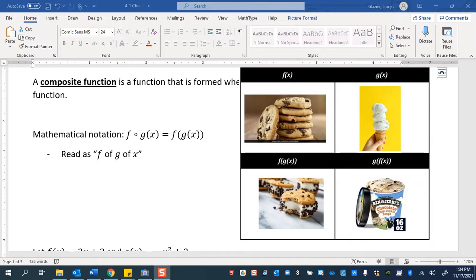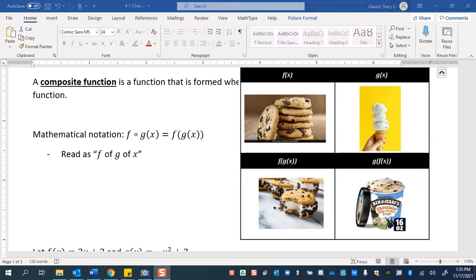If this is f of x and this is g of x, how is this f of g of x? And how is this g of f of x? Caitlin says g of x is the ice cream, and that ice cream is sandwiched in between those chocolate chip cookies.